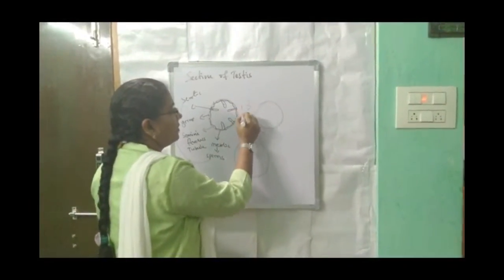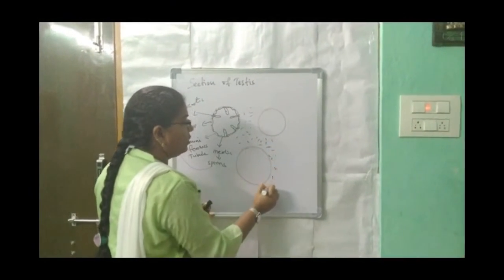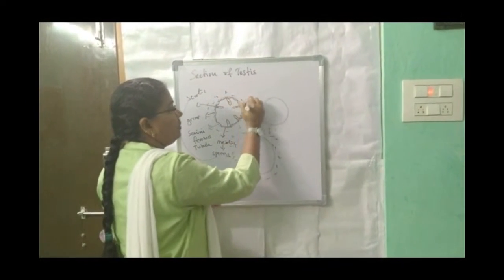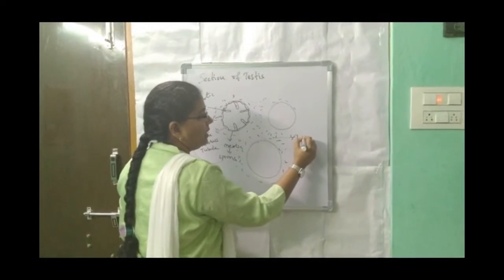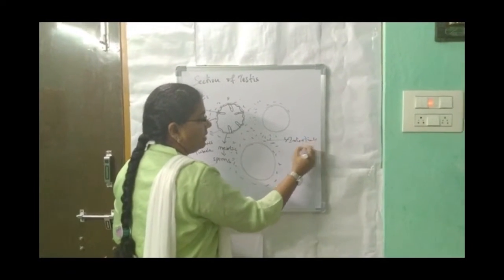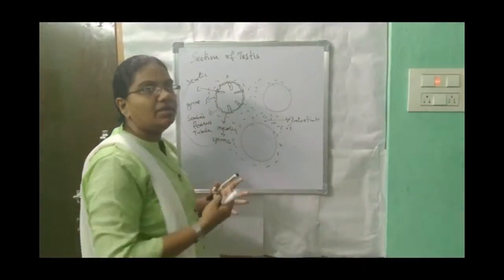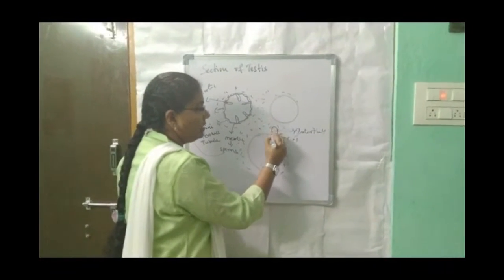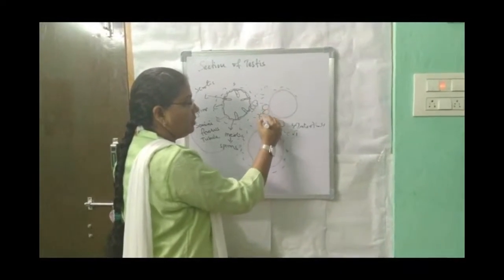Here, the interstitial connective tissue connects the number of seminiferous tubules. Another important tissue is present between the seminiferous tubules.